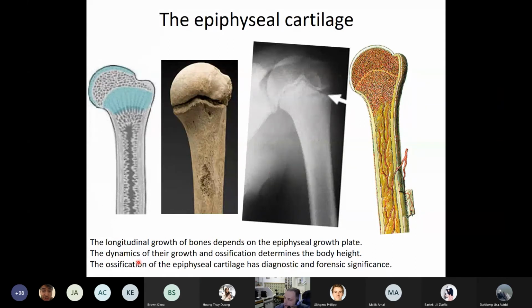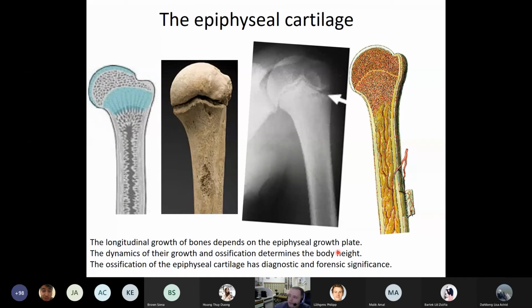Okay, then the body height is of course also determined by the growth of the bones, and it is also important to keep in mind that the epiphyseal plates have a typical time when they close.